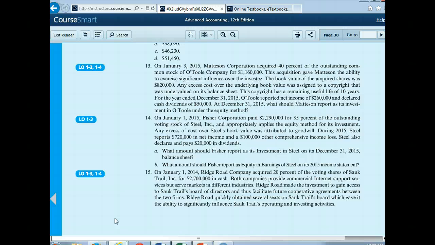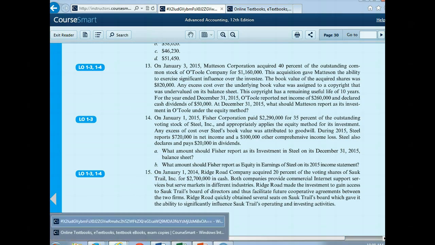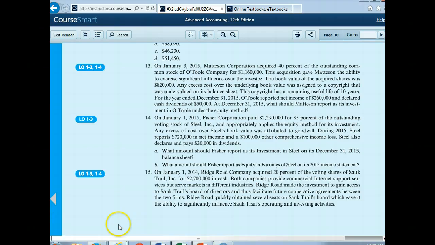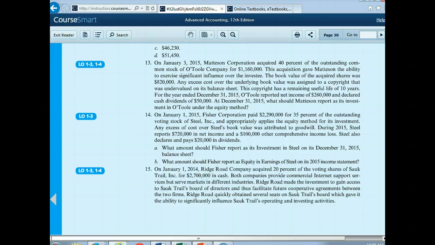But our equity income is really only going to be 35% of 720. And that's it. We don't have to subtract any amortization because it's goodwill. So that is just the same as our percentage of the income. Makes sense?